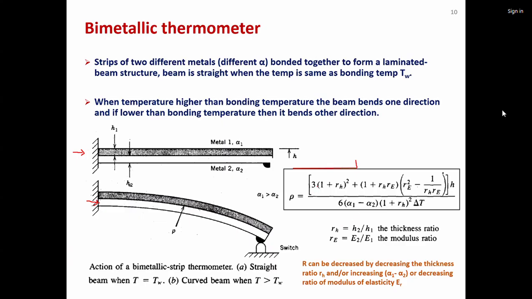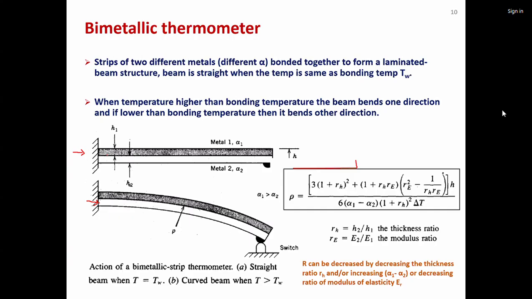That is expressed as rho equals 3 into (1 plus RH) whole squared plus (1 plus RH into RE) whole into (RE squared minus 1 over RH RE), whole into H, where H is the total thickness H1 plus H2, divided by 6 into (alpha 1 minus alpha 2) whole into (1 plus RH) squared into delta T. Here RH is the thickness ratio, that is H2 divided by H1, and RE is the elastic modulus of metal 2 to the elastic modulus of metal 1.